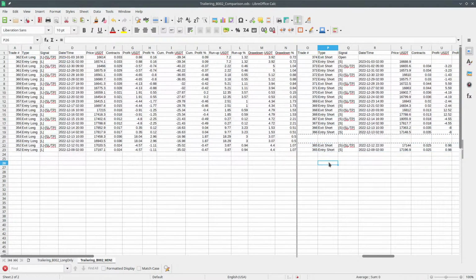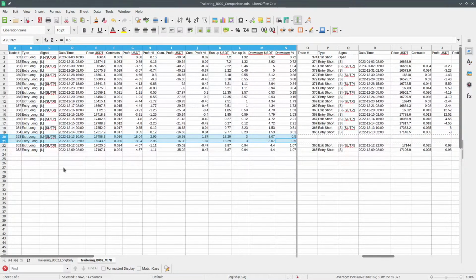As you can see, this ends on 1 AM, but this one ends on 22, and it means that you cannot start at 2 AM on 12. So that means that this trade here, we are not going to have it. So let's remove it from here.